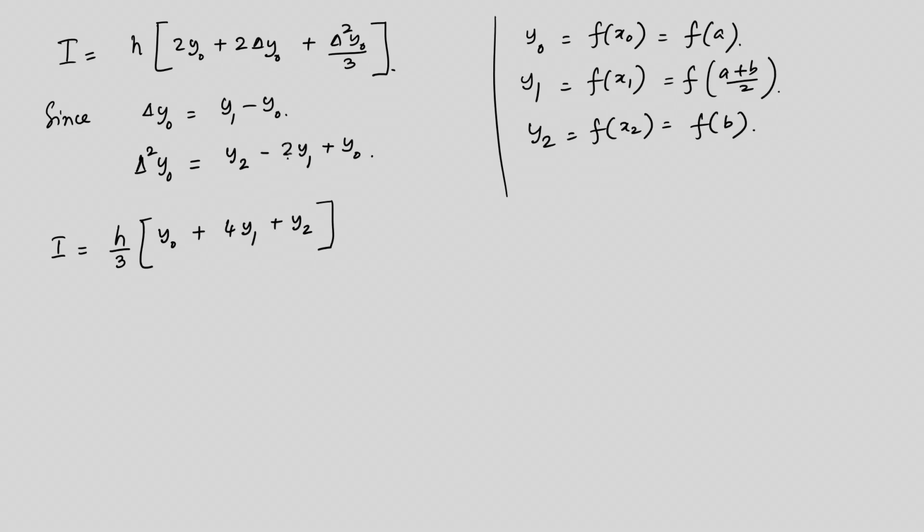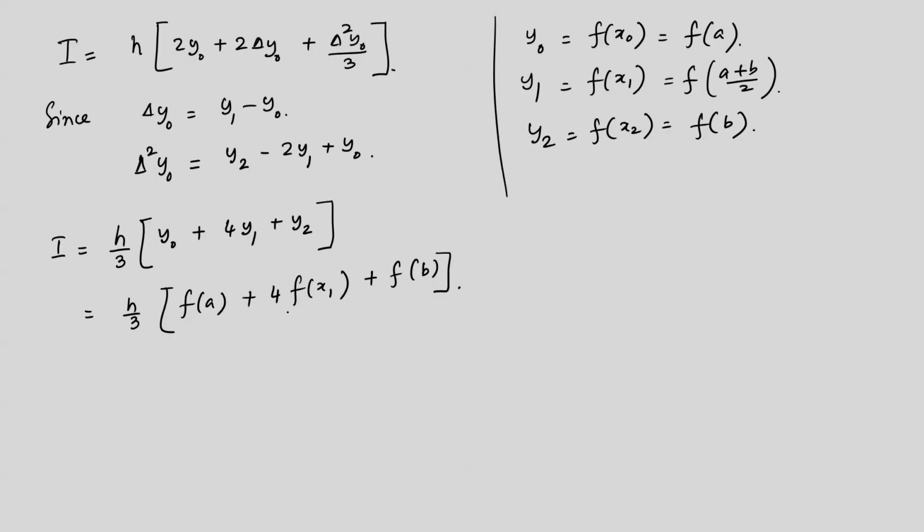All these things are put there, and y 0, y 1 and y 2 have these meanings, and we simply write it as h over 3 times f of a plus 4 f of x 1 plus f of b. So, this is a nice formula which says that you take the value of the function at the left extremity once, take the value of the function at the right extremity once, and at the middle point you weight it by a factor of 4.